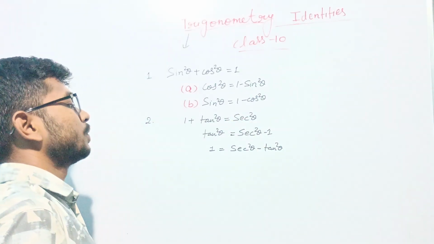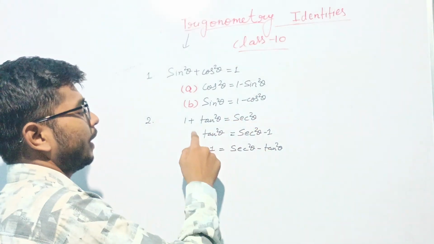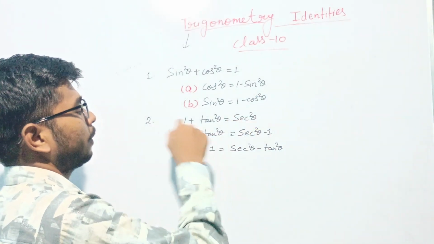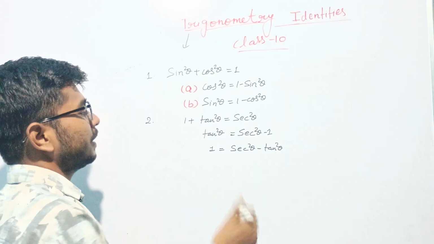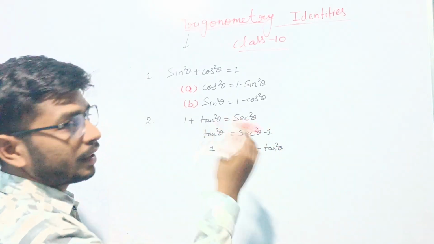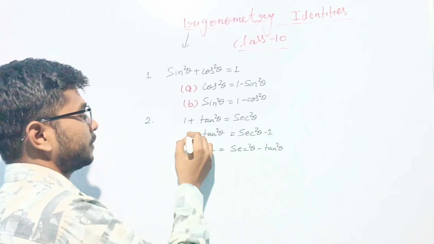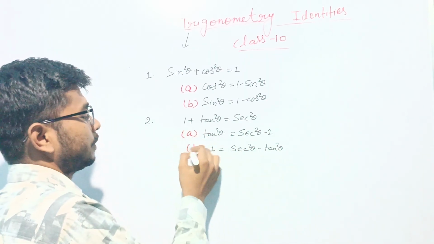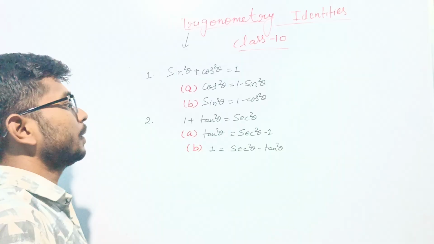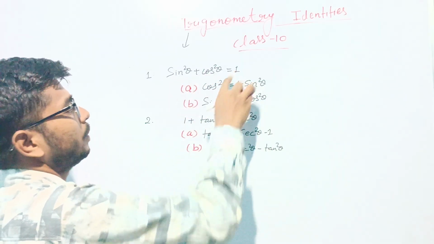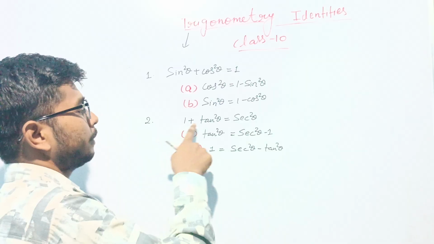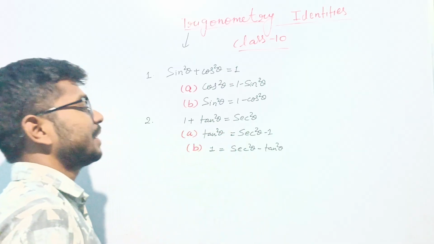This second one is the main formula, and we made two formulas from it. I am writing A and B because these are the same, we just transfer some terms. So one is sine square theta plus cos square theta is equal to 1, and the second is 1 plus tan square theta is equal to sec square theta.